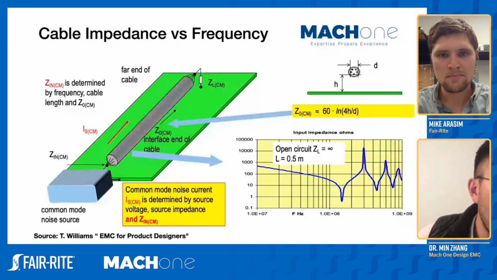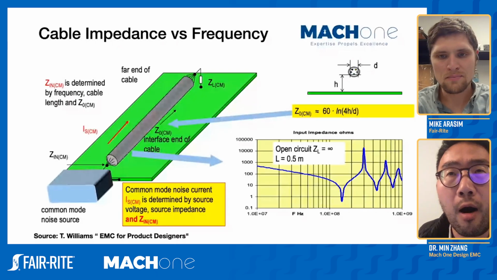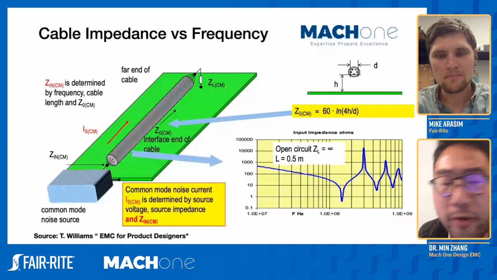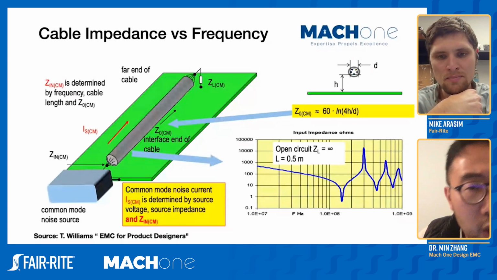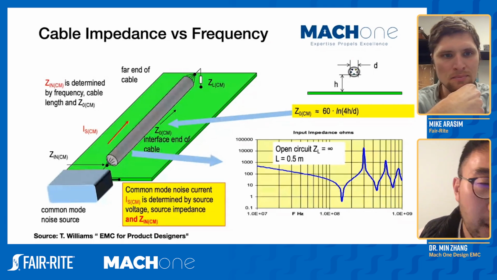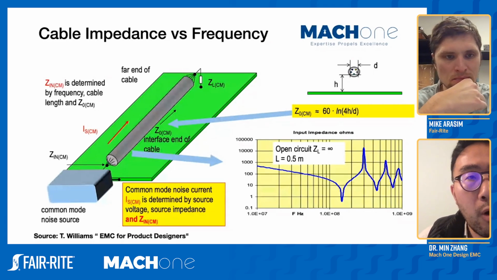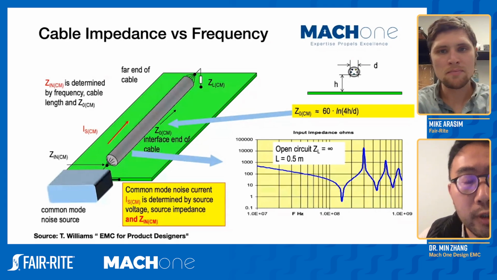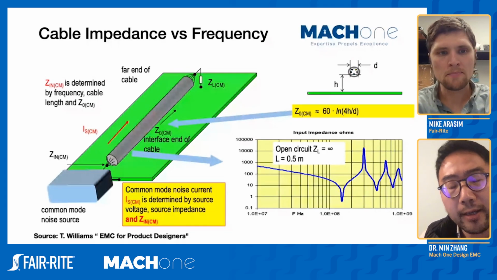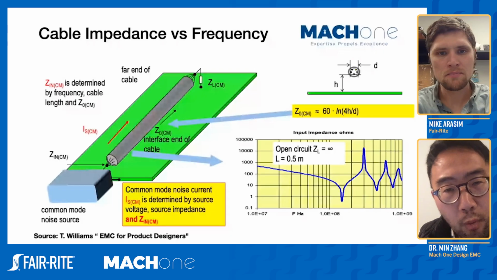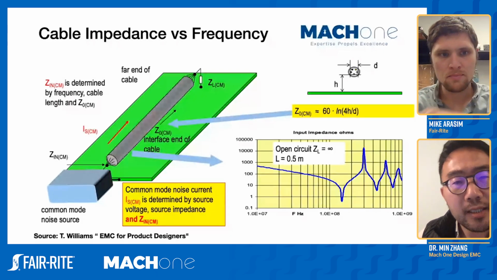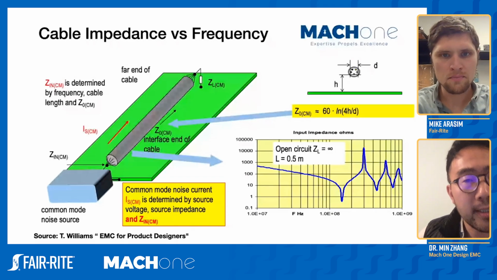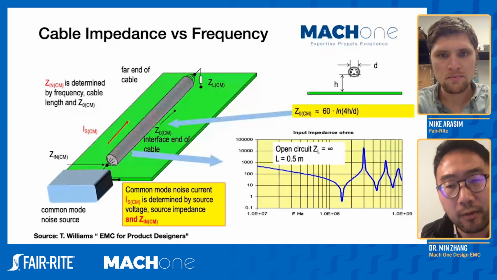USB cables often are shielded, so are HDMI cables. But often what we found is even though these cables are shielded, it depends on how they terminate the shields. You could have pigtail termination, and as a result, you can see a high level of RF common mode currents on these cables. And then again, as I said, the cable length is one thing, how they are connected to the equipment is another thing. And these cables will resonate.